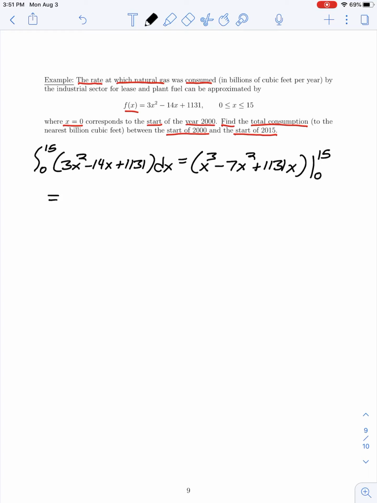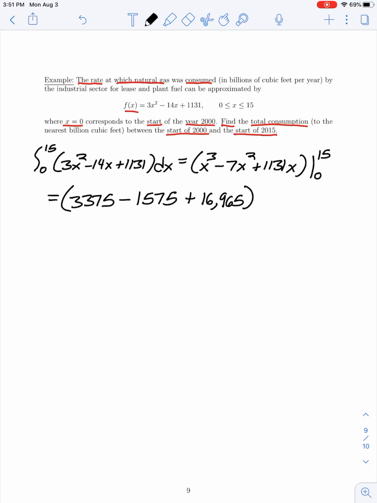And so if we evaluate at 15, 15 cubed is 3375, minus 7 times 15 squared, which is 1575, and then plus 1131 times 15, which is 16,965.